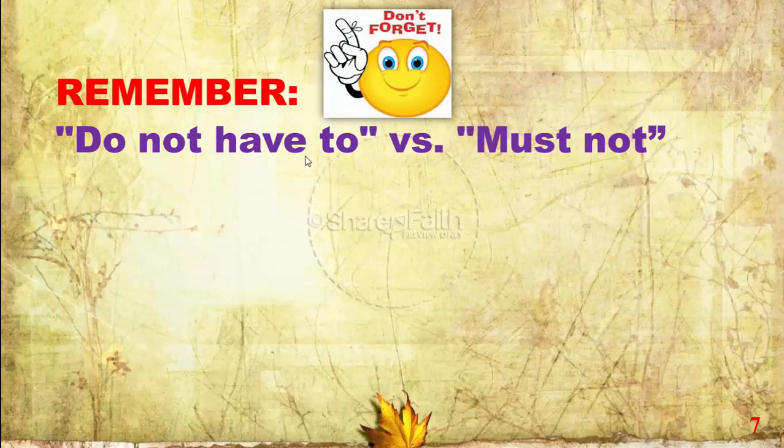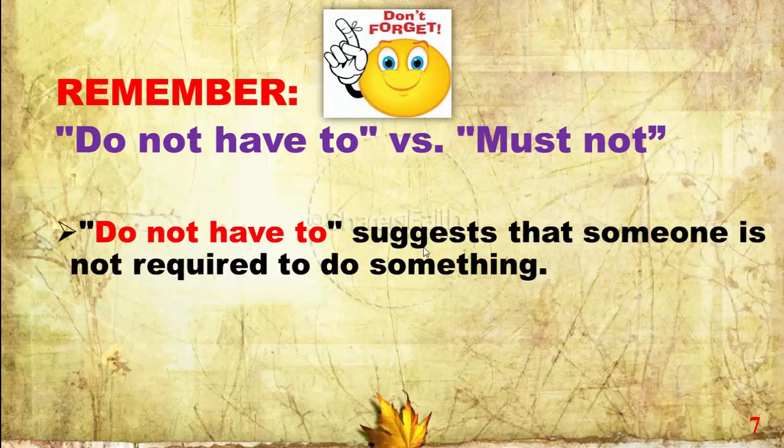So don't forget this. You have to remember that do not have to and must not have different meanings. អញ្ចឹងនៅពេលដែលយើងប្រើ do not have to និង must not វាមានកម្រិតនៃការហាមឃាត់ខុសគ្នា. So do not have to suggests that someone is not required to do something. មានន័យថាបើយើងប្រើ do not have to គឺម្នាក់នឹងធ្វើរឿងនឹងក៏បានអត់ធ្វើរឿងនឹងក៏បាន ឧទាហរណ៍ថា you don't have to sit for a long time មានន័យថាអ្នកមិនចាំបាច់អង្គុយយូរទេប៉ុន្តែបើយើងចង់អង្គុយយូរក៏អត់អីដែរ.